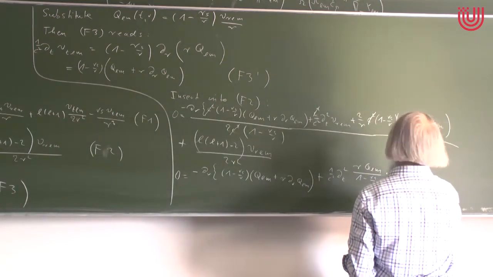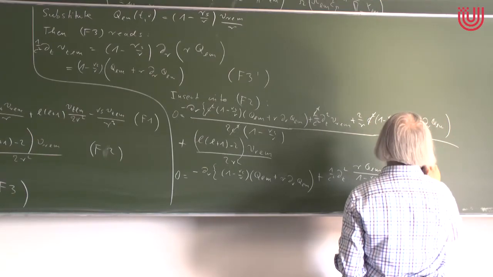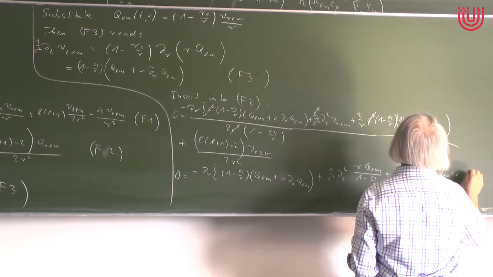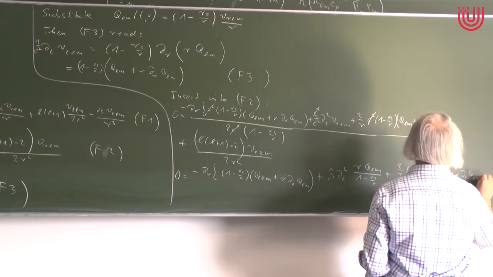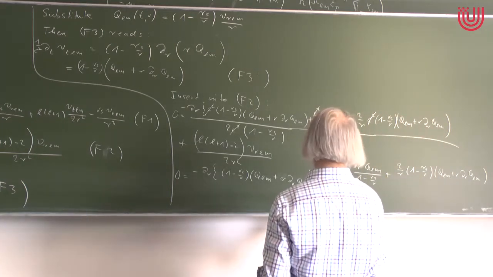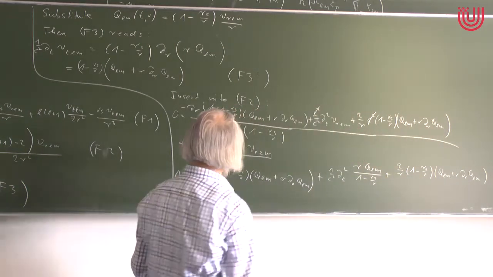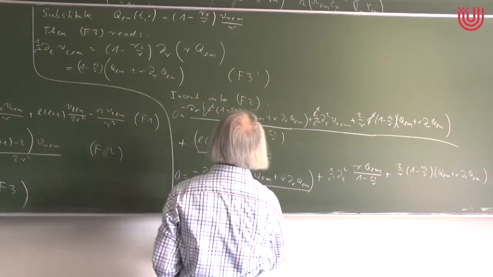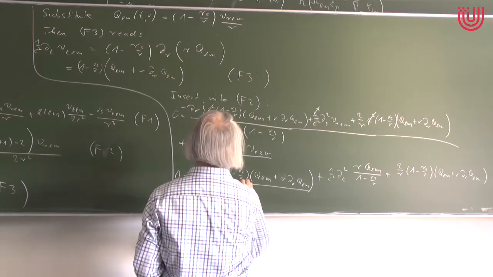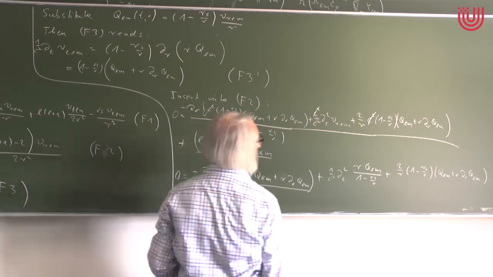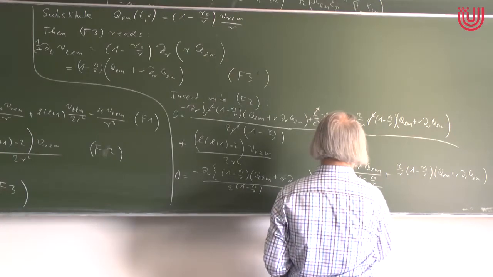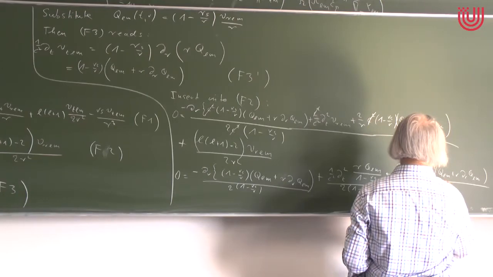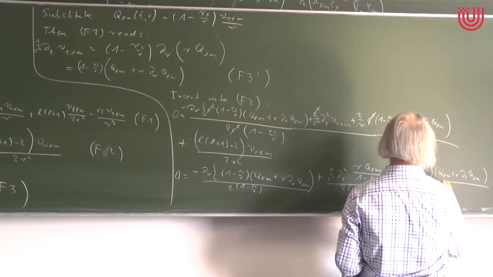Okay, let's see what we get. 2r, 1 minus rs over r, QLM plus r dr QLM, and the entire thing is divided by 2, 1 minus rs over r.